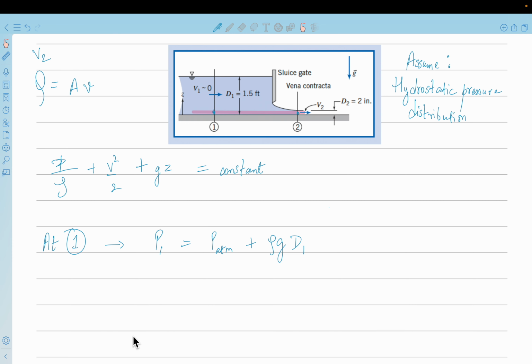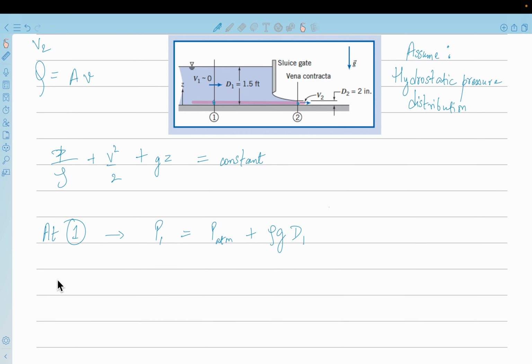So at 1 we have this pressure. What about at 2? Again it is P atmosphere plus rho G D2.